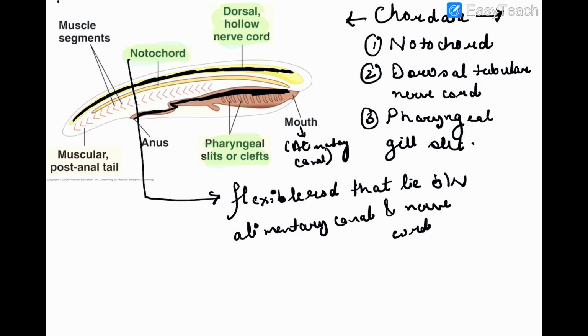In between the nerve cord and the alimentary canal lies the flexible rod, known as the notochord, which I have drawn in red. So notochord is a flexible rod that lies between the nerve cord and the alimentary canal.